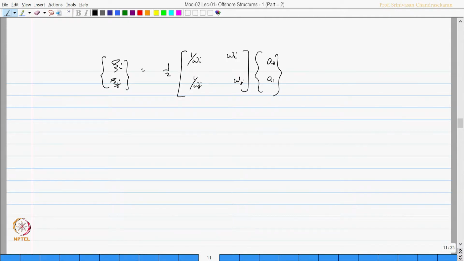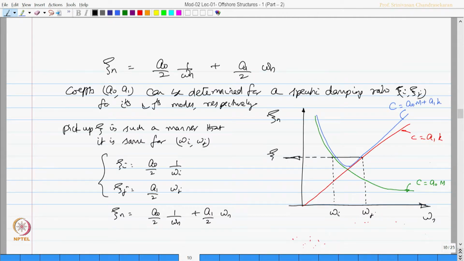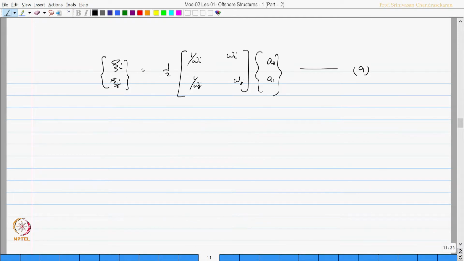One can read this equation and similarly understand that zeta i is equal to A0 by 2 into 1 by omega i plus A1 by 2 omega i, which is the same as this. So, now zeta i and zeta j are the same as zeta. I call this matrix the A matrix.